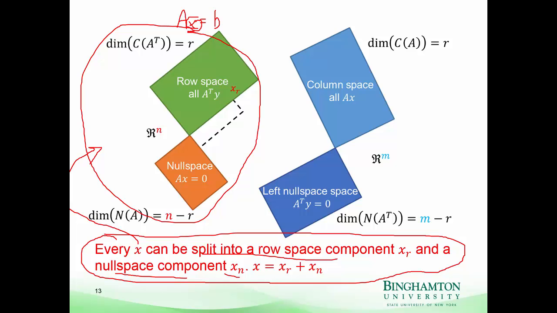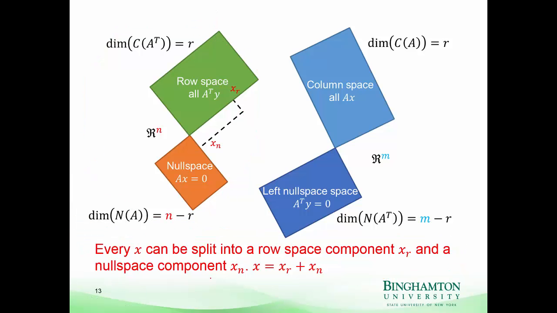There's an xr, and there's our xn. There's going to be some point here, and we can imagine these are axes drawing. If we add those together, we'll get a point right there where they combine. So there's our two points, and there's our x. So our x is this point right here.